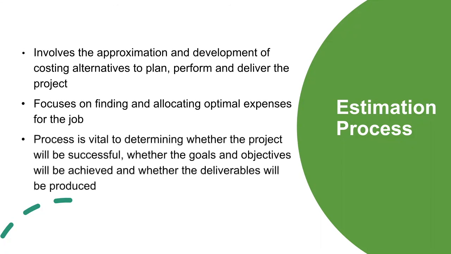The process is vital to determining whether the project will be successful, whether the goals and objectives will be achieved, and whether the deliverables will be produced. The scope is developed and on budget and on schedule. The quality expectations are met, and the expected benefits are received by stakeholders.